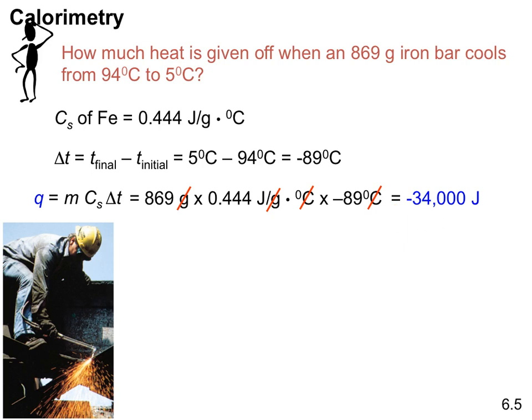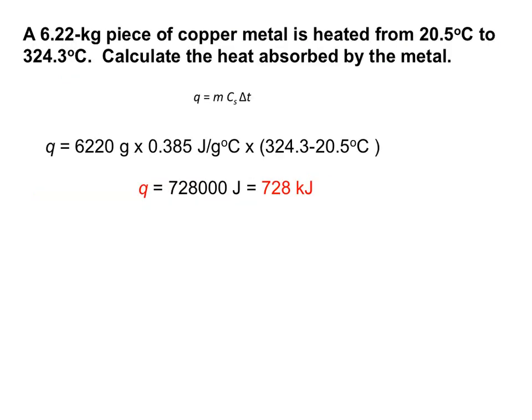If we do a unit evaluation, grams and grams cancel, degrees Celsius and degrees Celsius cancel, joules are what's left over. So, from that 869 gram bar of iron, when it changes this drastically, it's giving off this much heat as it cools.